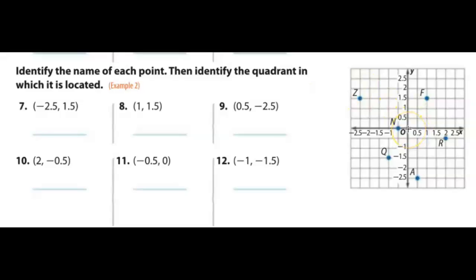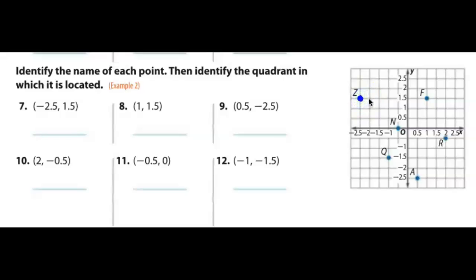So if we start at the origin and we go -2.5, and then we go up +1 and 5/10, what letter is that going to be? Answer that for me now, please. That's correct. It's going to be letter Z.